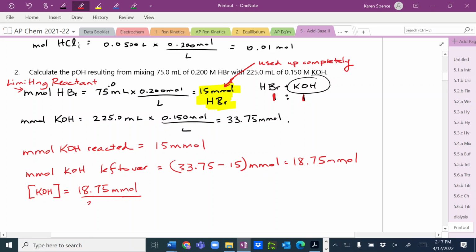That is 300. Okay, and we get 18.75 divided by 300 is 0.0625 molar. And that is our concentration of KOH, which is also equal to the concentration of OH minus.